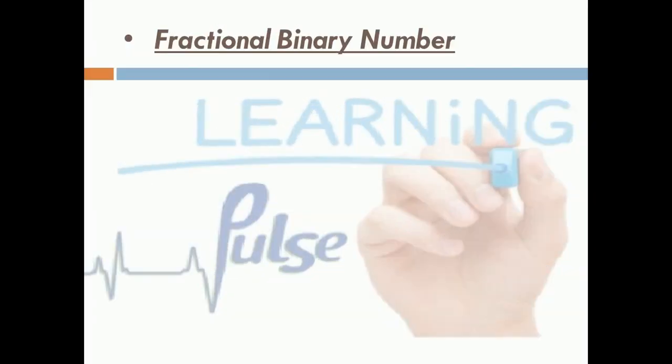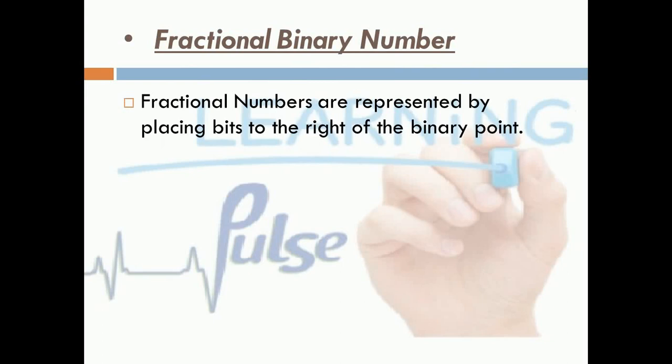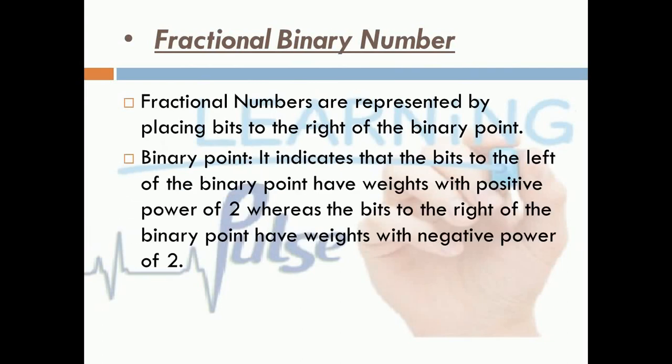So the fractional binary numbers are represented by placing bits to the right of the binary point. So what is a binary point? Similar to the decimal point, but the binary point indicates that the bits to the left of the binary point will have the weights with positive power of 2, whereas the bits to the right of the binary point will have weights with negative power of 2.